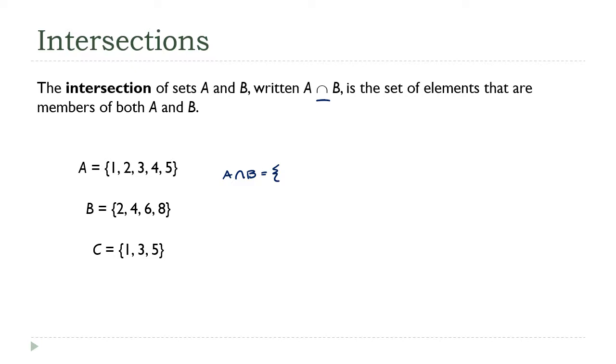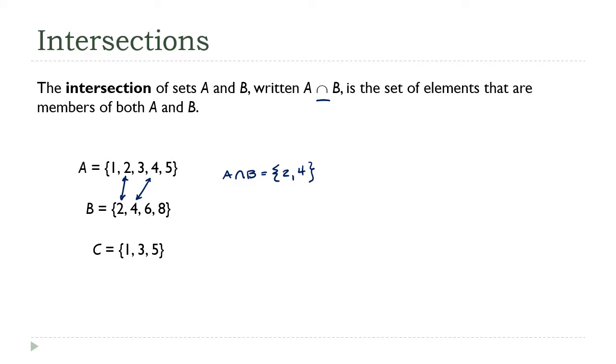All right, so let's see. 2 is in both sets, so that makes the list. 4 is in both sets, so it makes the list. 6 and 8 are not. 6 is not in A, neither is 8. So that's my intersection. The two numbers that they have in common.